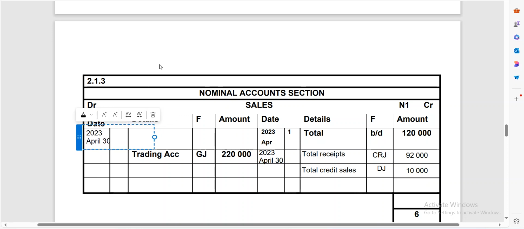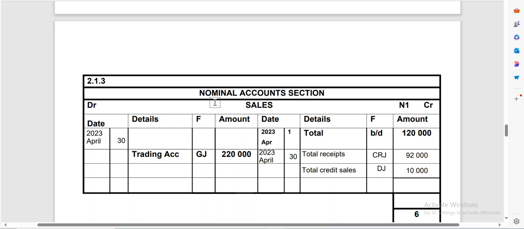The 30 actually has to be written here. They gave you a space for the day, so the 30 can come here, and then we can remove this 30 here. So if they gave you a column for the day, use it. This is the column for the day.